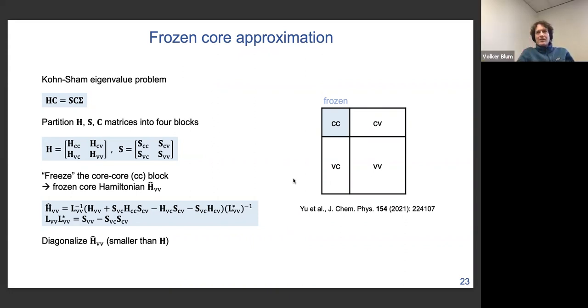I did want to add, because this is relatively new, that in the current mainline version of the code, the development repository, which will become the next stable version, and according to Yi Yao's tests, this is essentially stable and accurate, even if you freeze states below 50 electron volts.